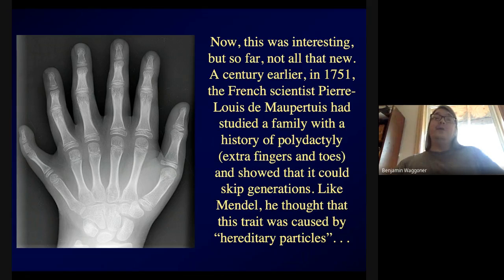And he thought he could explain this in the same way that Mendel did, by the existence of some kind of hereditary particles or elements. There's some kind of little marble things rattling around in your cells, and if you inherit certain ones from your parents, you'll end up with extra fingers. Okay, so Mendel so far was not doing anything radically new.